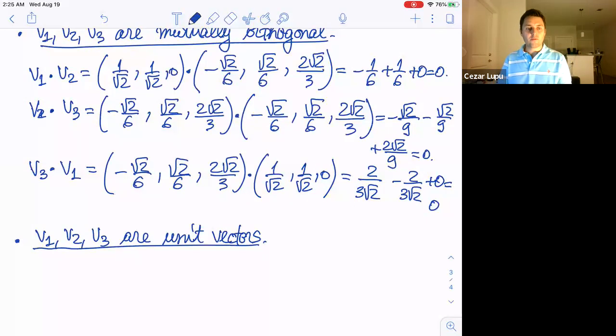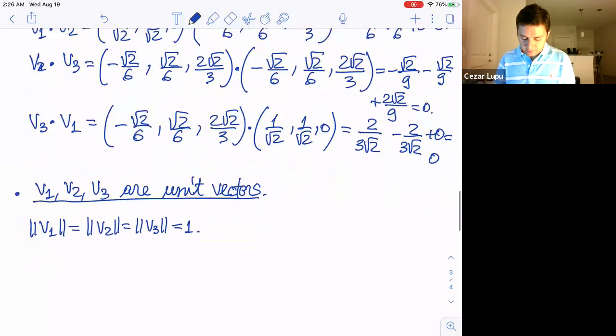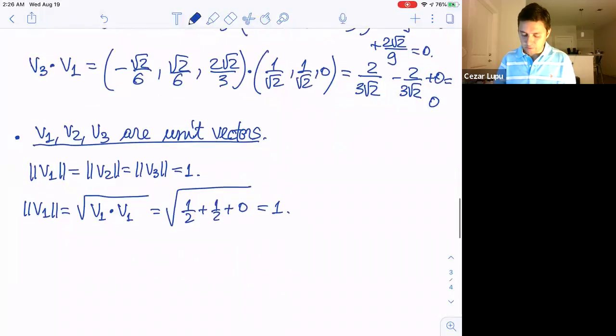To show that these are unit vectors, we need to show that the length of V1 is the same as the length of V2 and the same as the length of V3, and all three of them are equal to 1. All right, let's look at the first one. The length of V1 is nothing else than just the square root of V1 dot V1. And this will be the square root of 1 over 2 plus 1 over 2 plus 0, which is 1. The square root of 1, which is 1.